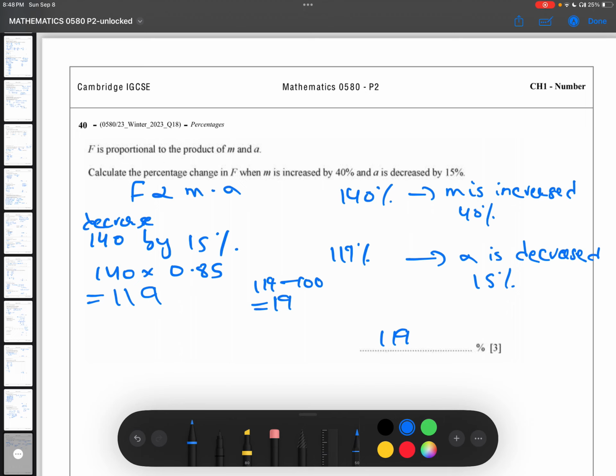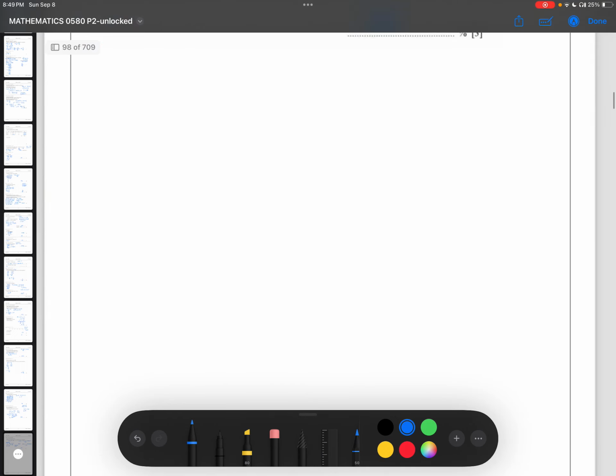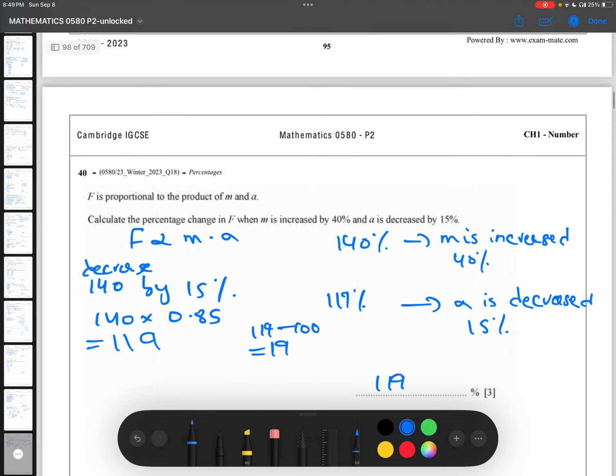Then since A decreased by 15%, I had to decrease F by 15%. So F had reached 140%, I decreased 140 by 15%, and I got 119. So this was the new percentage of force, 119%. The change in percentage is 19. Thank you.